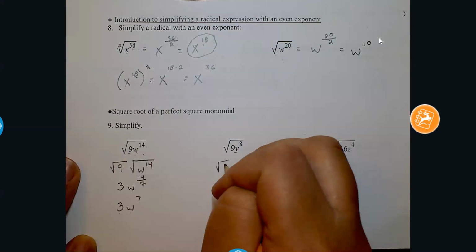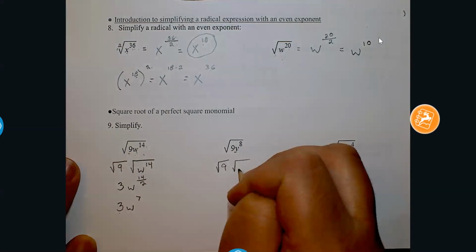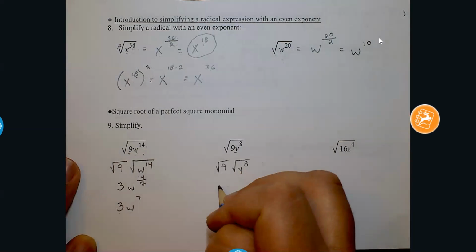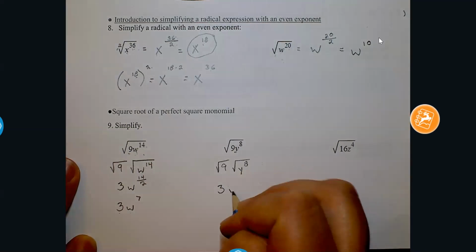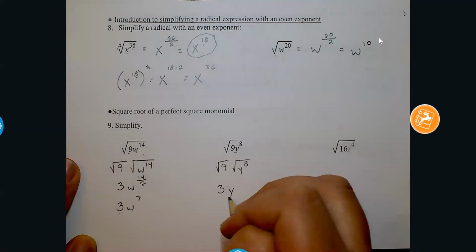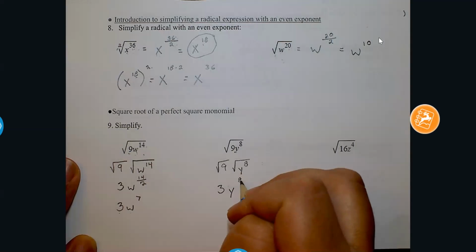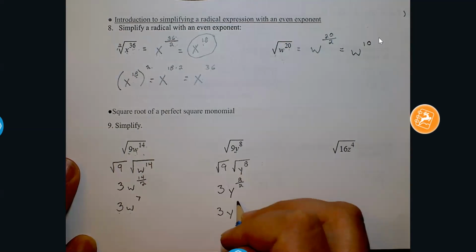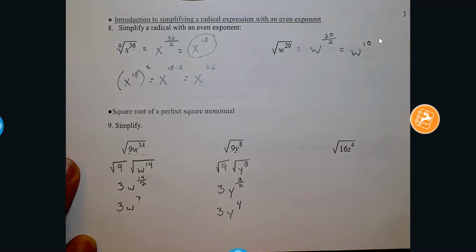Our next one, very similar. We have the square root of 9 times the square root of y to the 8th. All right, this would become 3, not w, y to the 8 over 2. So this would be 3y to the 4th.